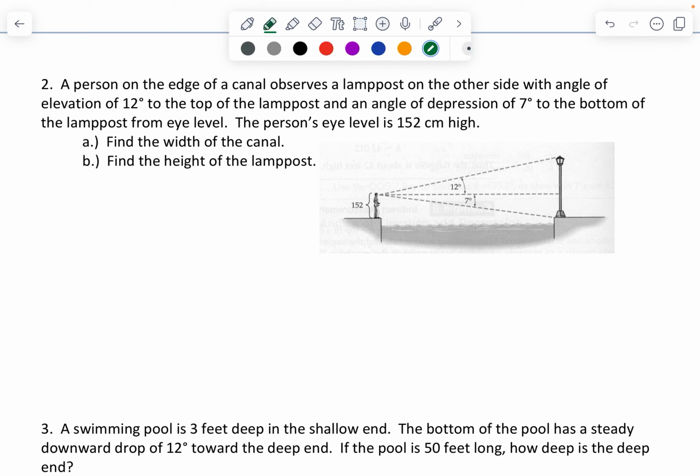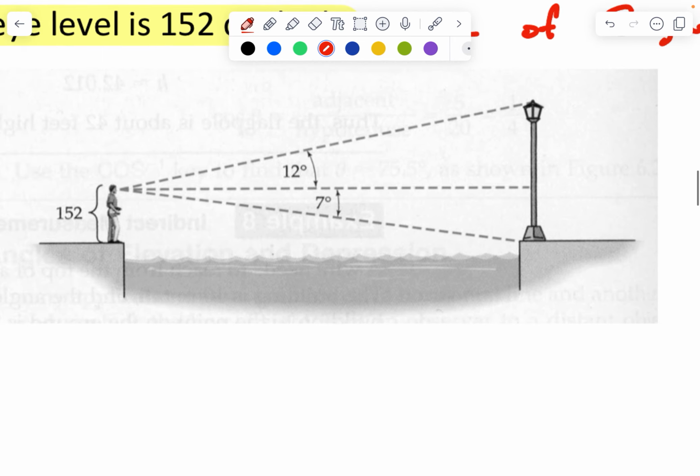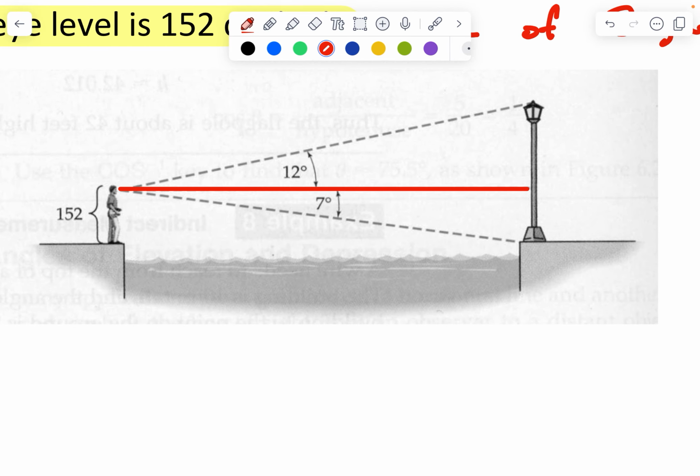So a lot of key terms in here. The first one being the person's eye level. That's what we call a line of sight. It's always important to put yourself into the point of reference of the problem. So if you're this observer, the line perfectly perpendicular from their eyes, straight out from their eyes, is their line of sight.